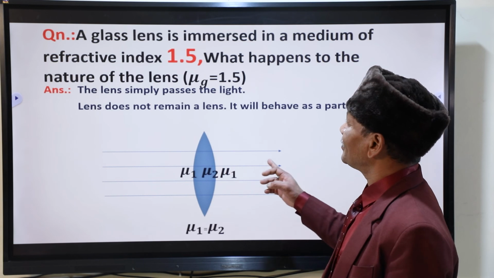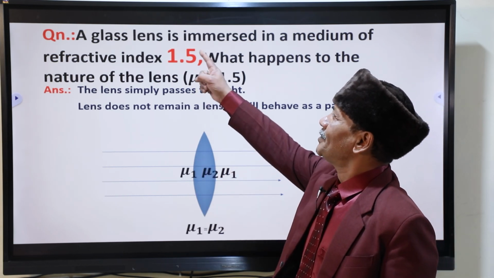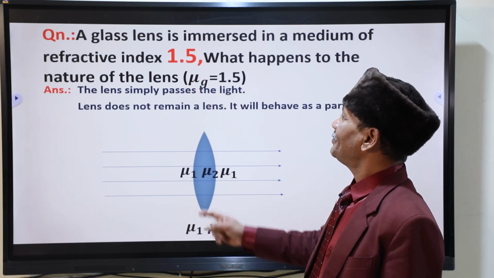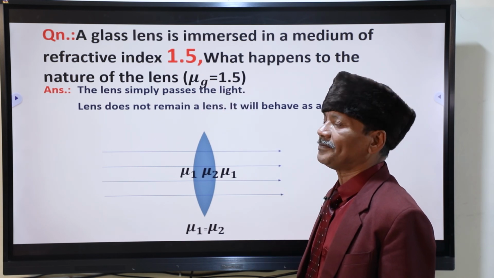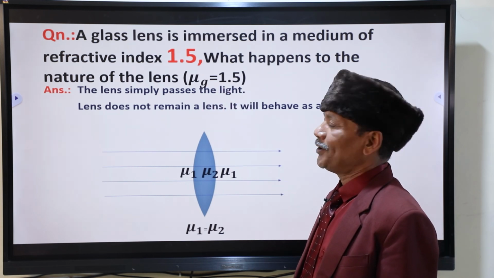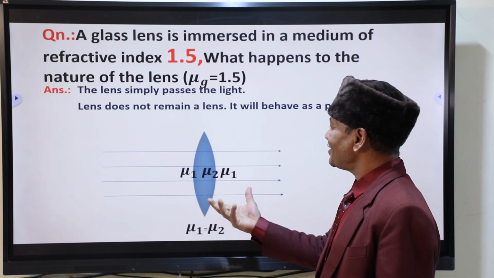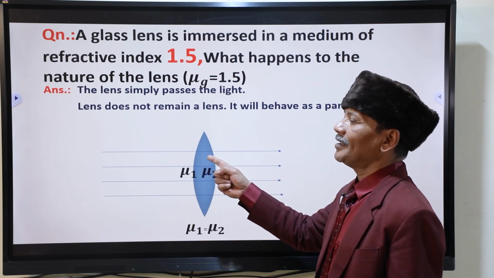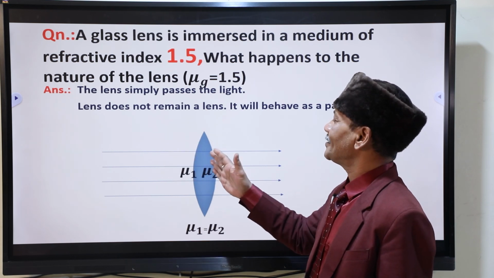You see this question. Refractive index of the medium is 1.5. Refractive index of the material of the lens is 1.5. So this question has been simply framed. What is here? If this is glass, then this is also glass. Here is glass, glass, glass.